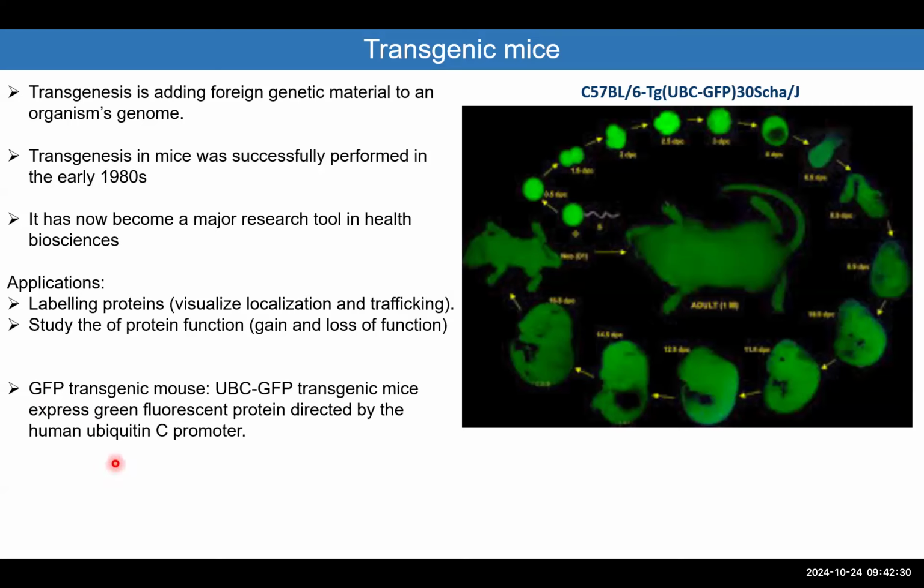And therefore, you would know, whenever the ubiquitin promoter is on, where that protein is being generated. And since ubiquitin is expressed everywhere, if you take this mouse and put it under a microscope, you can see that the whole body expresses GFP, or green fluorescent protein. So this is a very simple example of how we use transgenics.